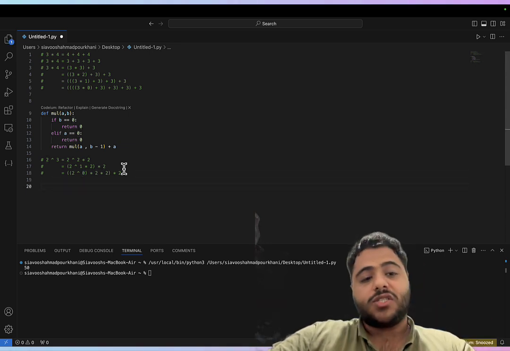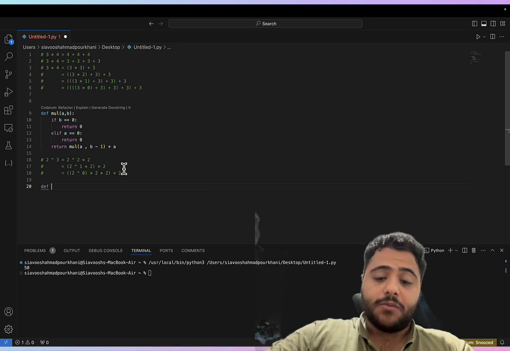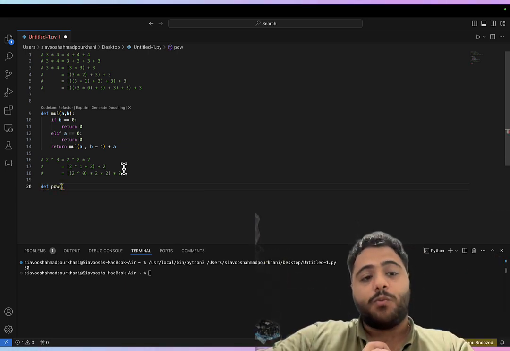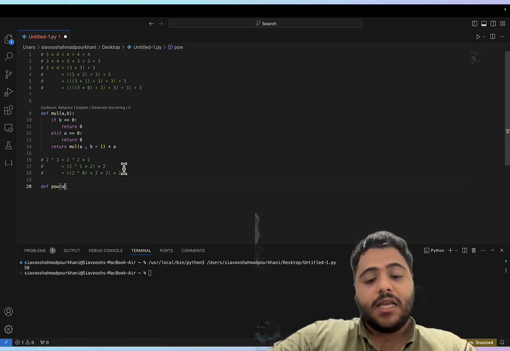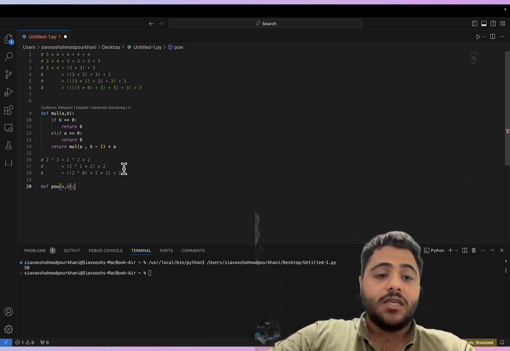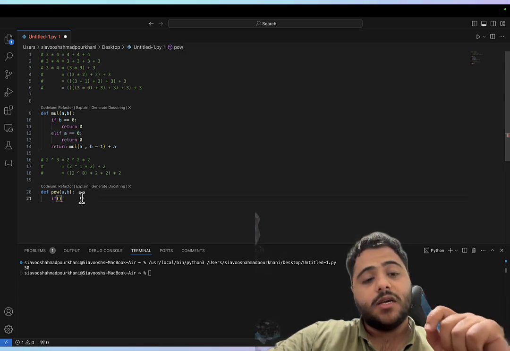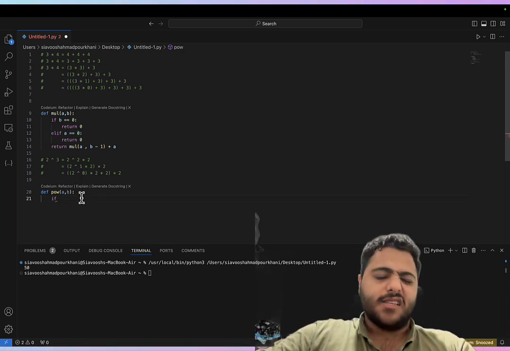So let's write that too. I'm going to call it POW, which is an abbreviation for power, and any number to the power of anything, in this case a to the power of b. We cannot check for this other thingy because 0 base is not equal to 1.